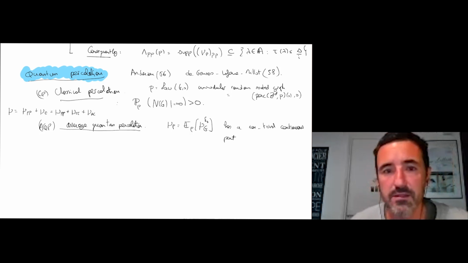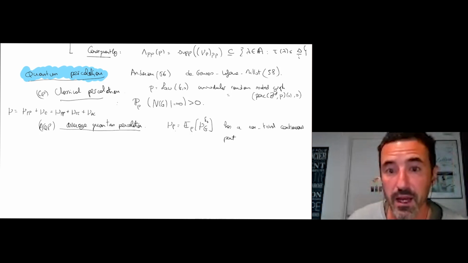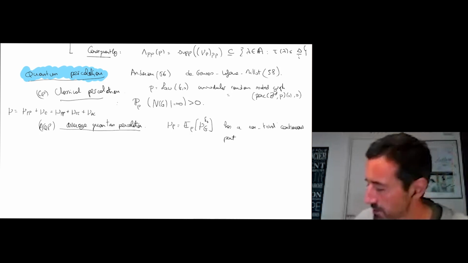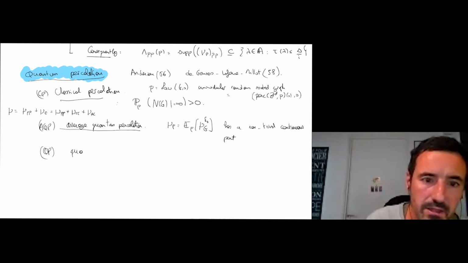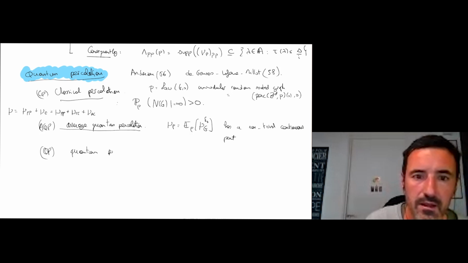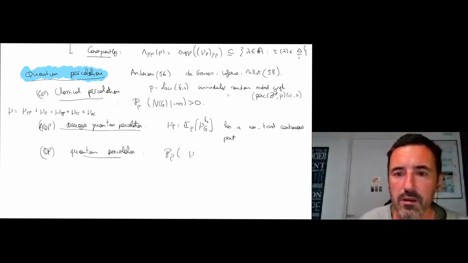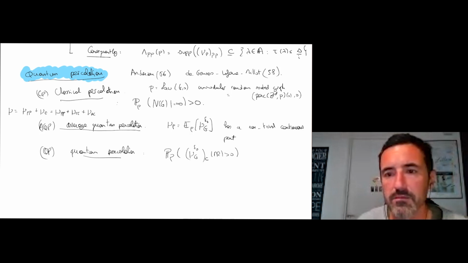You will have average quantum percolation if the expected spectral measure at the root has a non-trivial continuous or absolutely continuous part. And quantum percolation itself, in our framework, we can define as the fact that with positive probability, the continuous part of the spectral measure at the root is non-trivial, so it has a positive mass.